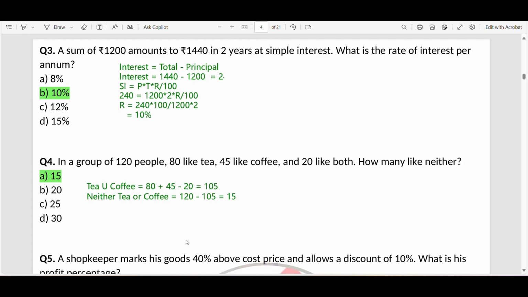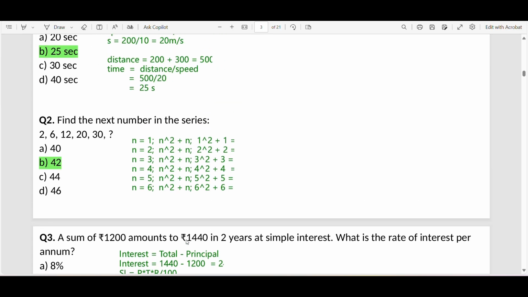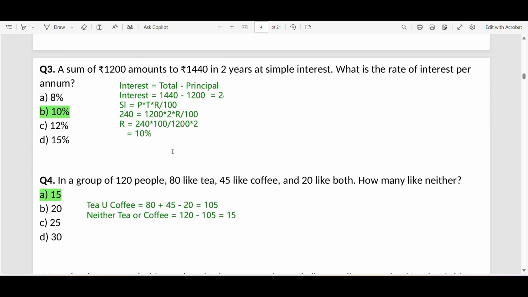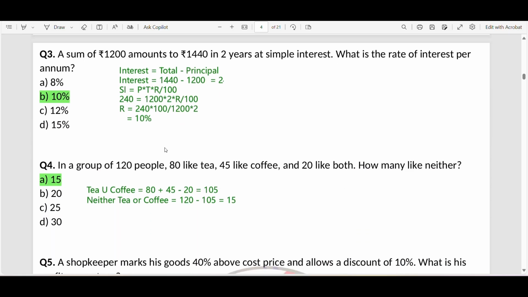Then I realized that audio was paused at the first question itself. From the second question there is no audio, so I'm recording it once more.